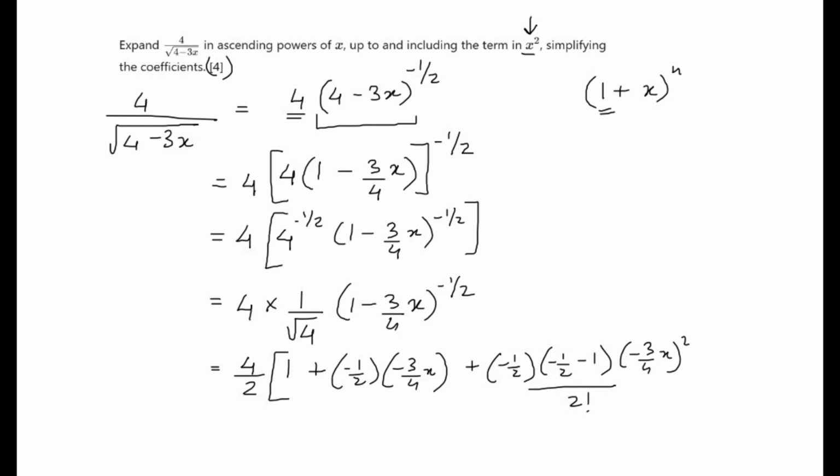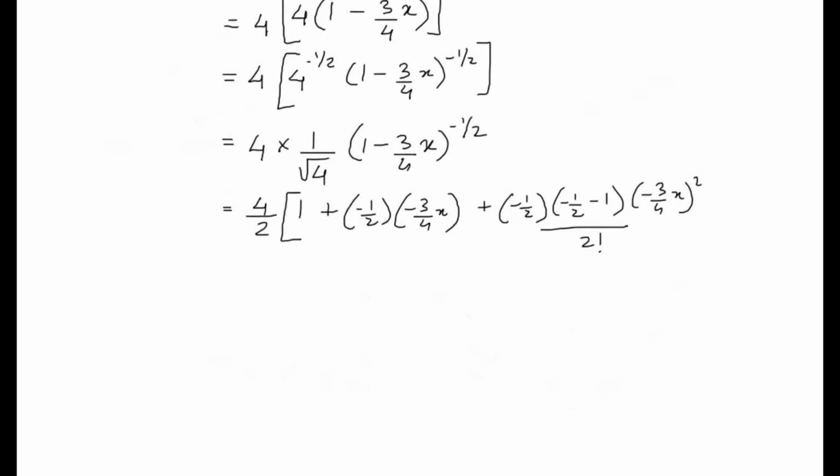Simplifying this further, we get 4 by 2 is 2, and then using our calculator, just simplify the inside of the bracket. So that's 1 plus 3 by 8 x plus 27 by 128 x squared.